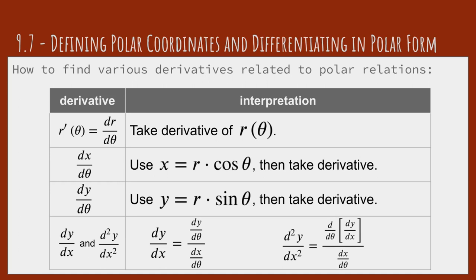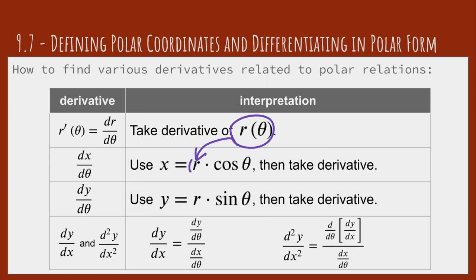So this is a pretty straightforward derivative. If we have a function r equals something in terms of theta, we take the derivative just like we did with equations that had y in terms of x. If we want to find dx d theta or dy d theta, which are both very useful for motion problems, we're going to take the r equation that we have and plug it in for r in these equations here. x equals r cosine of theta, y equals r sine of theta, and then we're going to take the derivative of that.